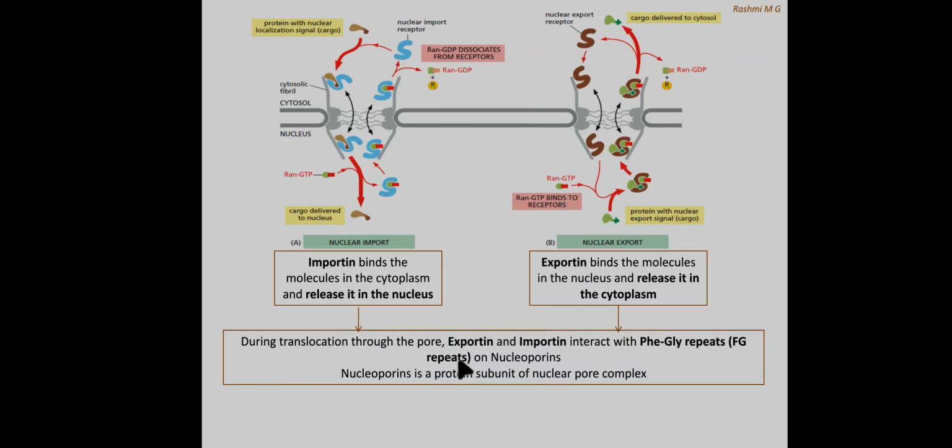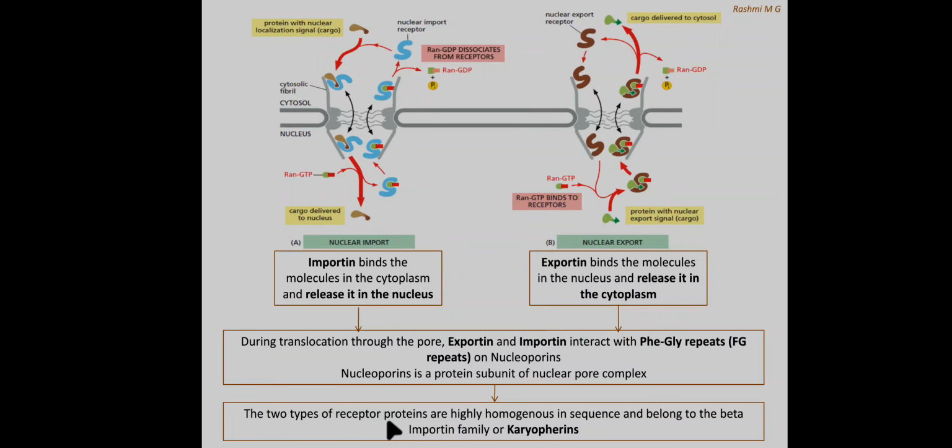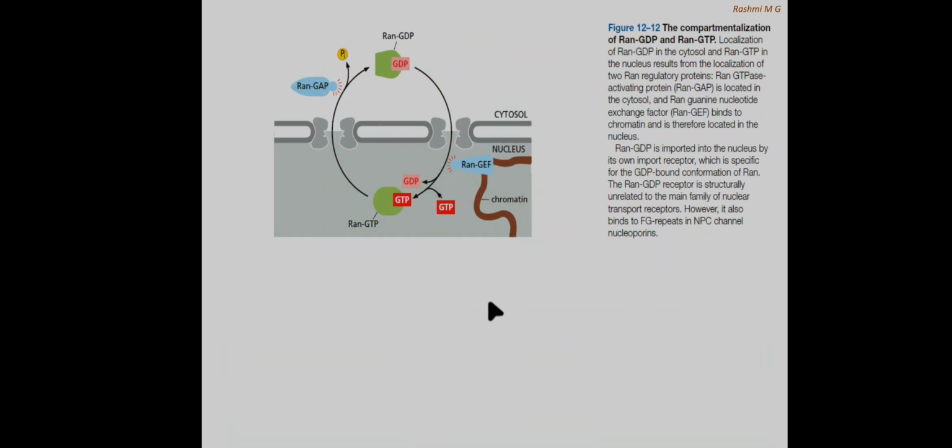During translocation through the pore, exportin and importin interact with phenylalanine glycine repeats, known as FG repeats, on the nucleoporins. Nucleoporin is a protein subunit of the nuclear pore complex. The two types of receptor proteins are highly homologous in sequence and belong to the beta importin family or karyopherin.